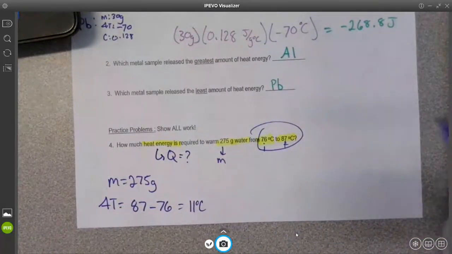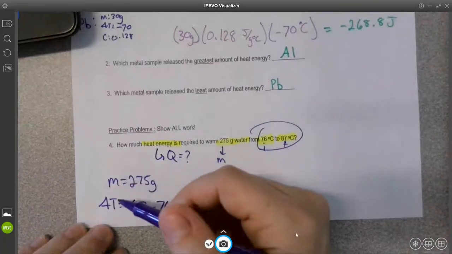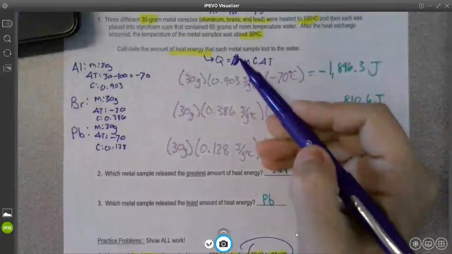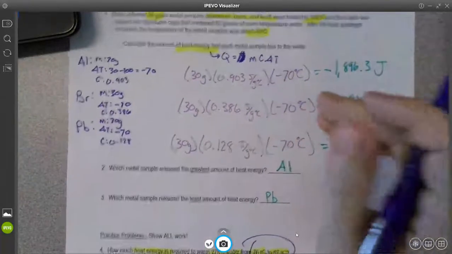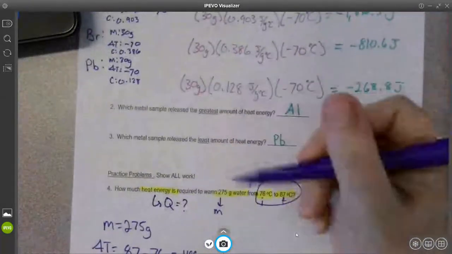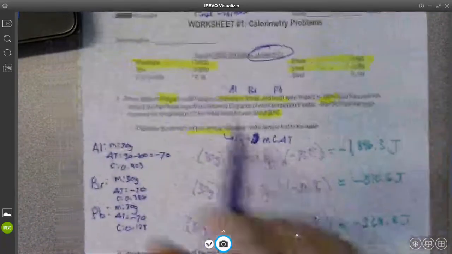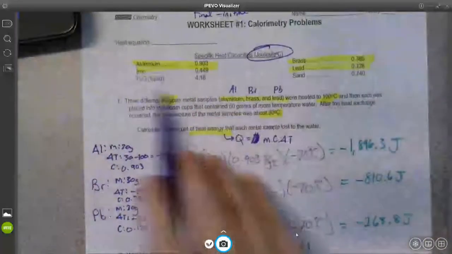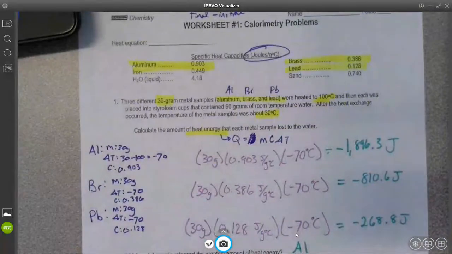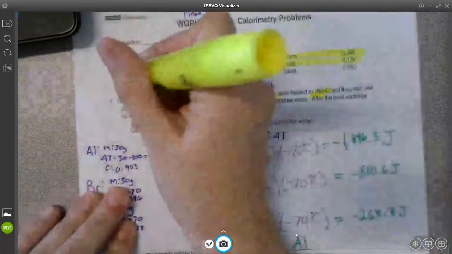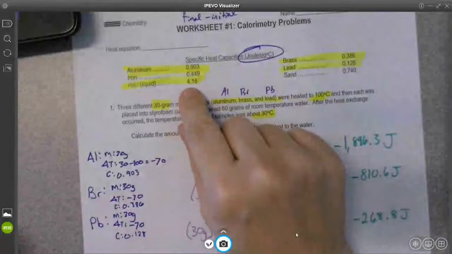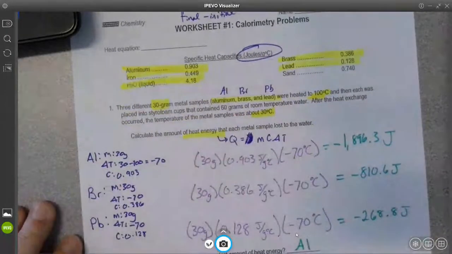All right, so we're looking for Q. We have m and we have delta T. One thing we're missing is our C, our specific heat. Again, they gave you the substance. They told you that we're looking at water. That means look at the specific heat that has been given to you. Water is right here. They tell you specific heat is 4.18.